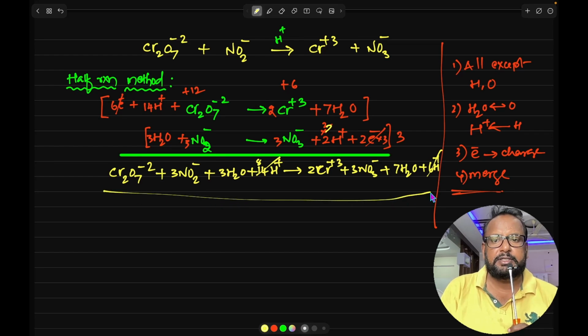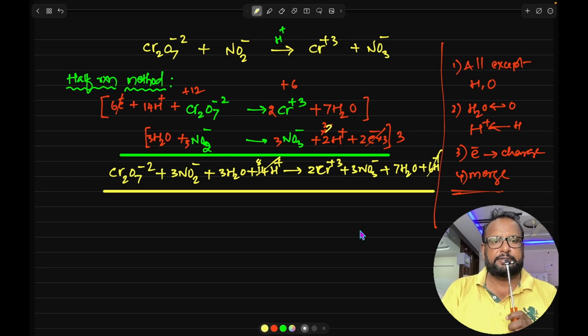This is the balanced redox reaction. This is how you balance an oxidation or reduction reaction.